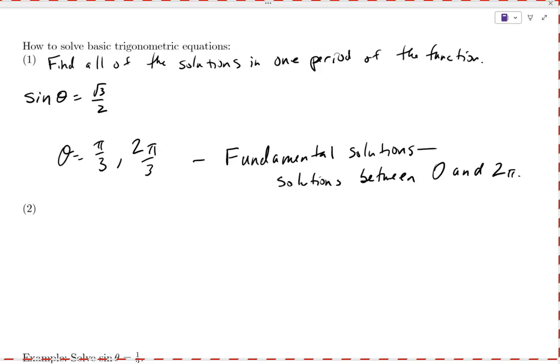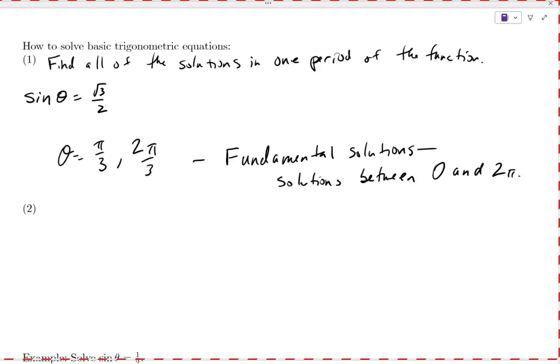And the reason why we like finding the ones that are in between from 0 to 2 pi, doesn't really matter which of the 6 functions you're talking about, even tangent and cotangent. If you find them all in 0 to 2 pi, then you've gone all the way around the circle, right? You've gone all the way around all 4 quadrants. When you start adding 2 pi again, it repeats, right?